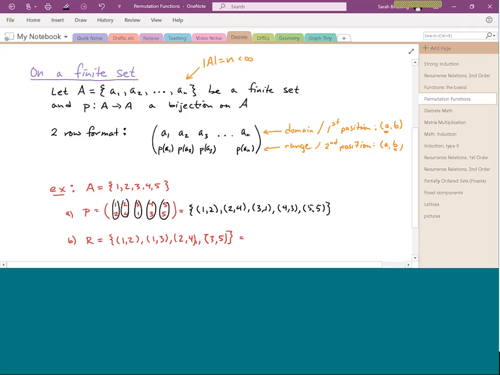If we tried to write this in our 2-row format, the top row always has your building set. Below each of these numbers, this top row is always that building set A. Here, on that second row, is always the second positions.